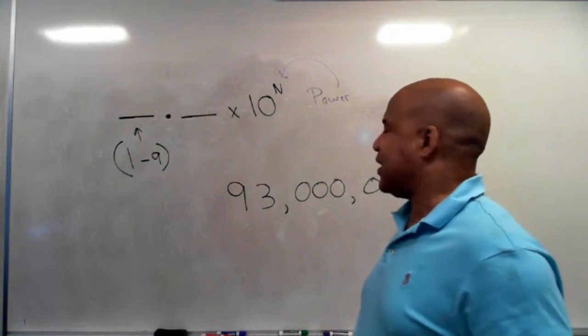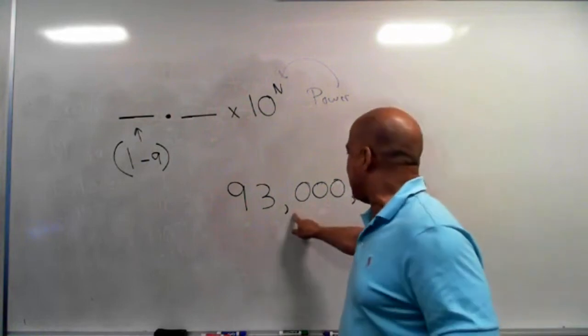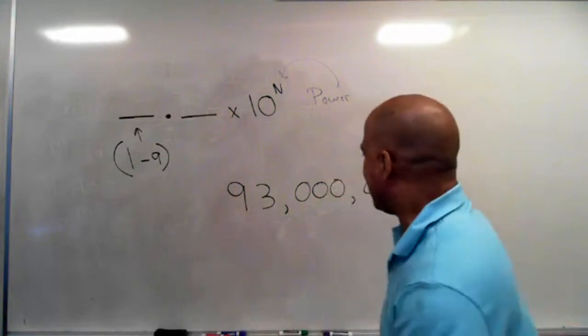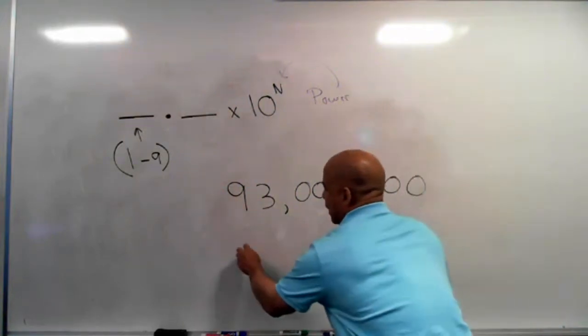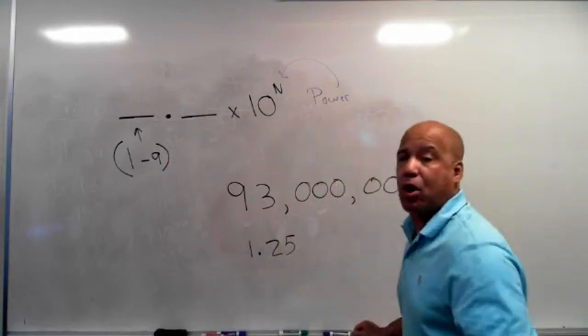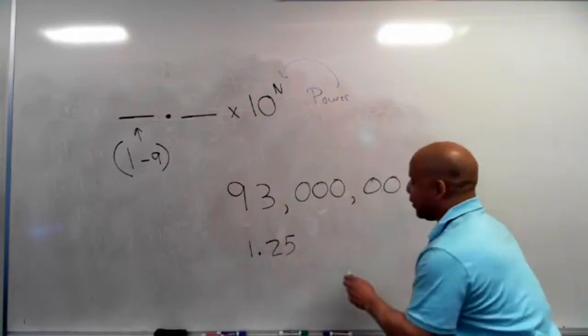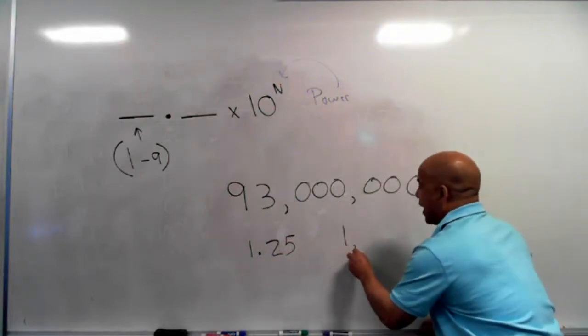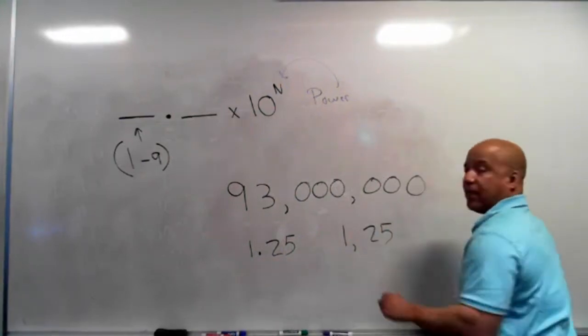The problem is, in some cultures, the comma is like a decimal in our culture. Let's say I want to write the decimal number 1.25. In some cultures, instead of using a decimal point, they use a comma to represent a decimal point. They might write 1,25.